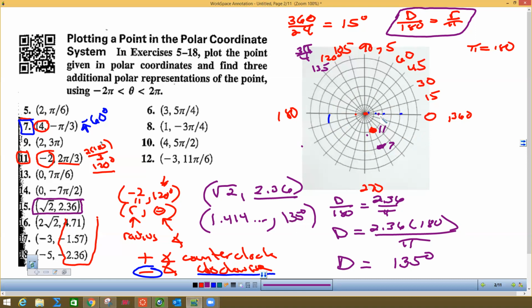So do I go up or down? Do I go clockwise or counterclockwise? Counterclockwise. So I'm going to go around all the way over to this 135, and I'm going to be a little less than halfway out past the 1. I'm going to put a dot right there. And this problem I just did is number 15.